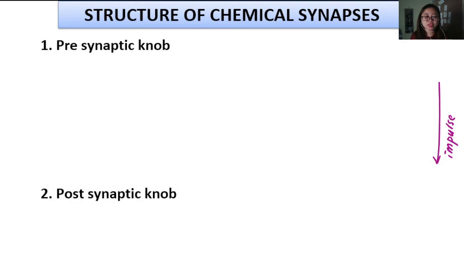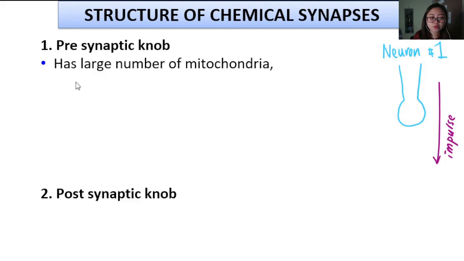When we talk about the structure of synapses, we will see a presynaptic terminal or presynaptic knob, as well as a postsynaptic membrane or postsynaptic knob. The presynaptic terminal will be from the first neuron. It will have a large number of mitochondria.